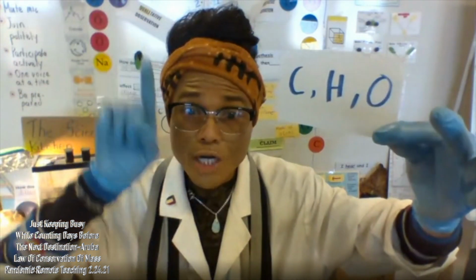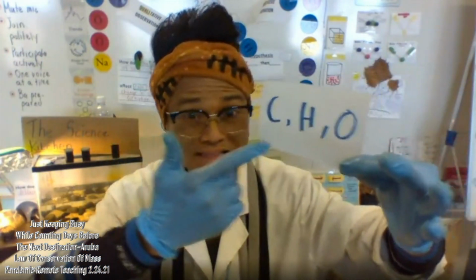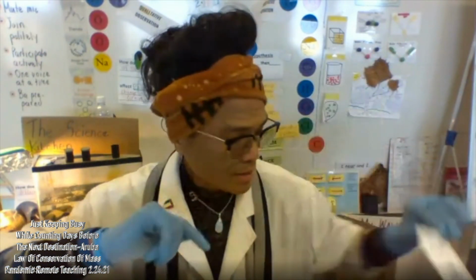All right, and for modeling purposes, in other words, to represent these elements, I am going to use 3 different kinds of beans, and we have seen that before the recording.